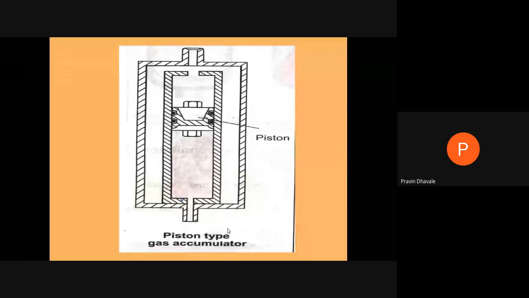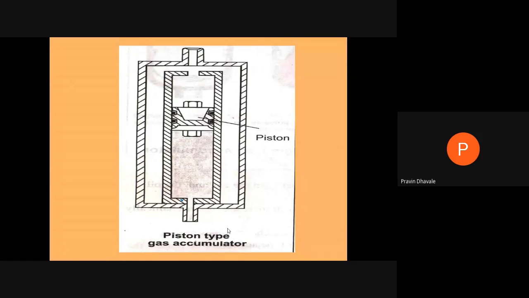But in the case of a piston type gas charge accumulator, the piston's performance is not affected by the high or low temperature of the fluid. So such a type of accumulator can handle high or low temperature fluid.